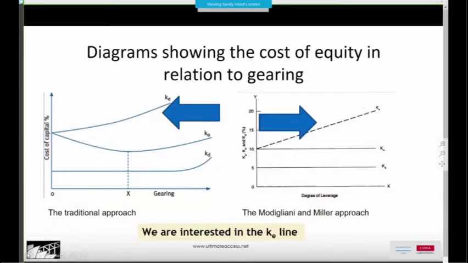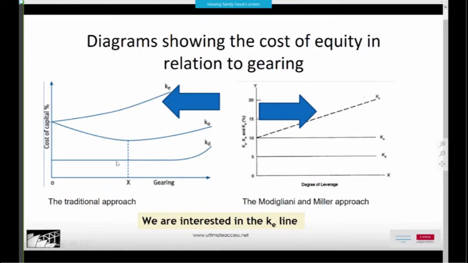If you are at this same point X, where there's an element of gearing, then that could be where we are having to pay our investors 10.3%. But if we move to the left, to the point where there's zero gearing, then the shareholders don't need to be compensated quite so well, because their level of risk is less.